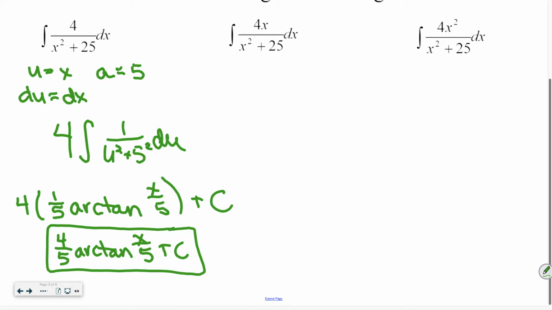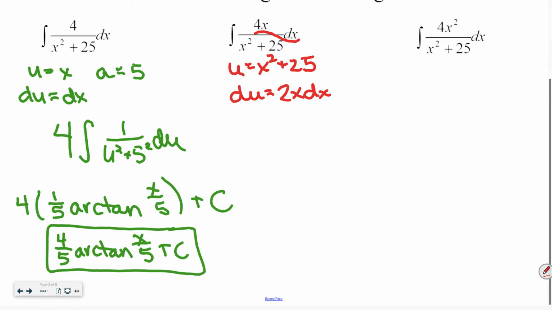Now, we have a minor change in our second integral. What appears? An x. How is that helpful? Well, it's not the arctangent rule anymore, so that is unhelpful. You can do a pretty slick u substitution, right? u can be x squared plus 25, which means du is 2x dx.